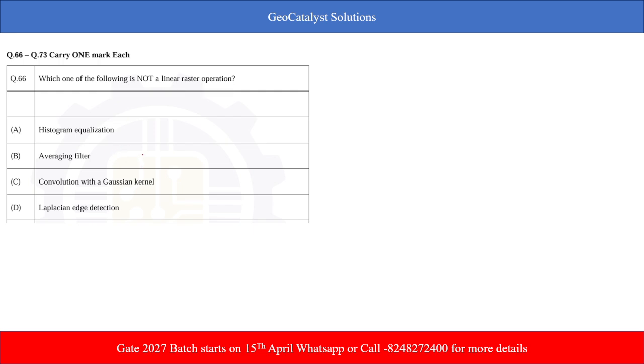One similarity in options B, C, D: averaging, Gaussian and Laplacian all can be implemented via convolution, and convolution is a linear operation.